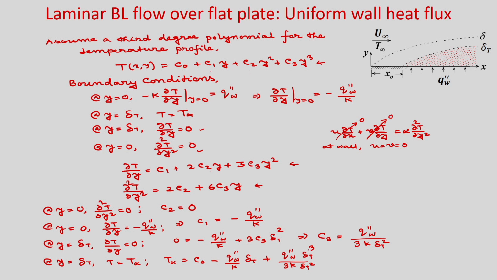So, you can see C naught will be T infinity plus 2 by 3 q double prime w by k into delta T. So, we have found the 4 coefficients.